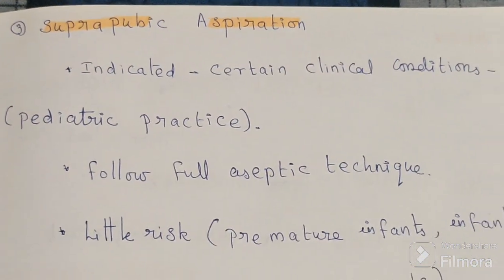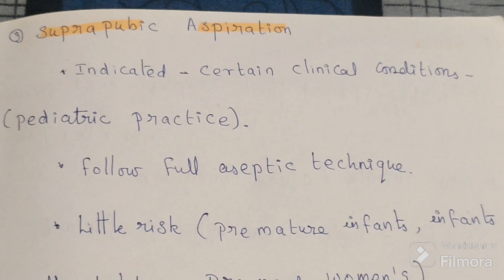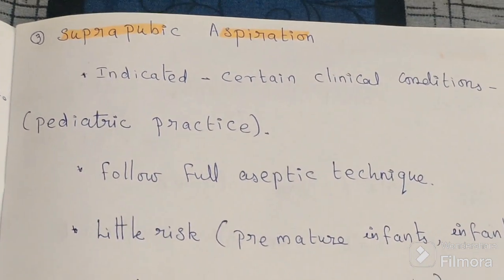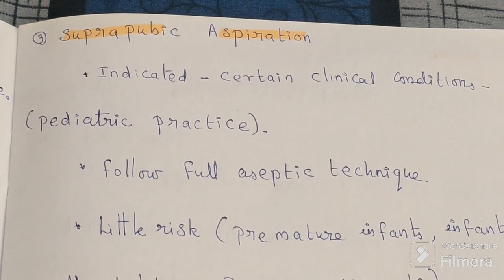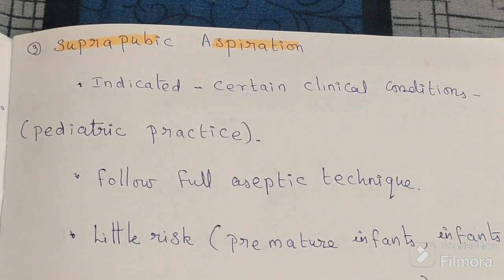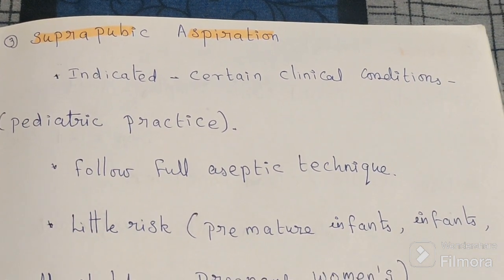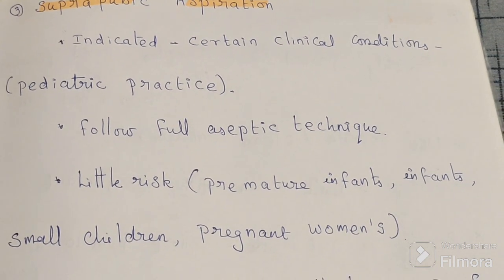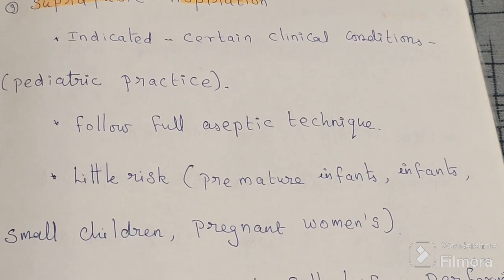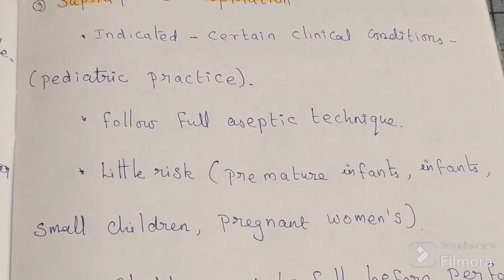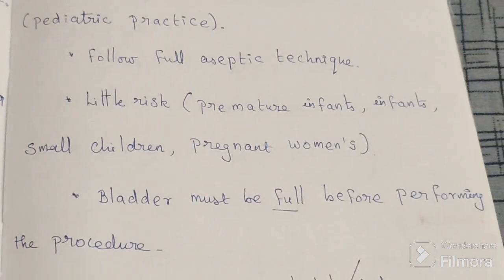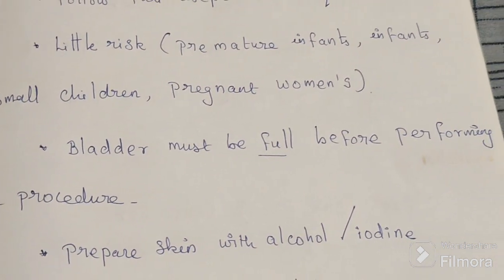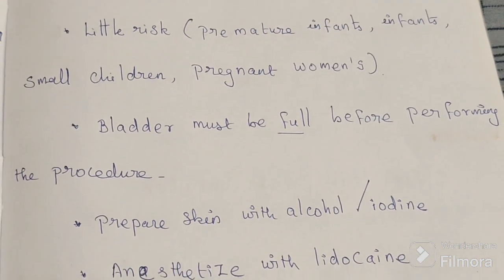Third one is the suprapubic aspiration method, indicated in sudden clinical conditions. In some underlying conditions, patients are unable to pass urine. So here follow full aseptic technique. This one is a little bit risky, especially for premature infants, small children and pregnant women. The bladder must be full before performing the procedure.